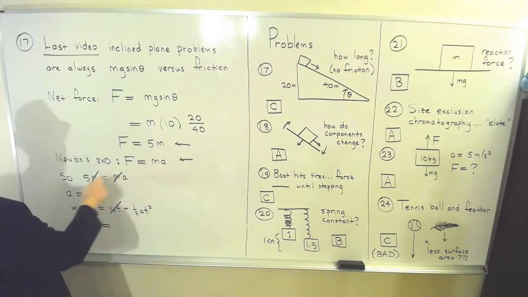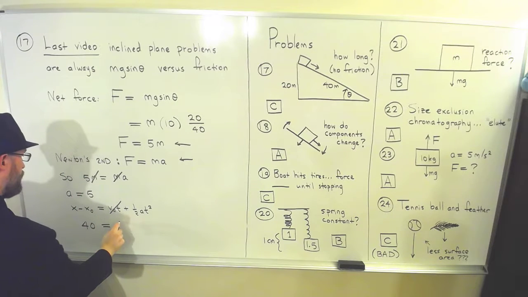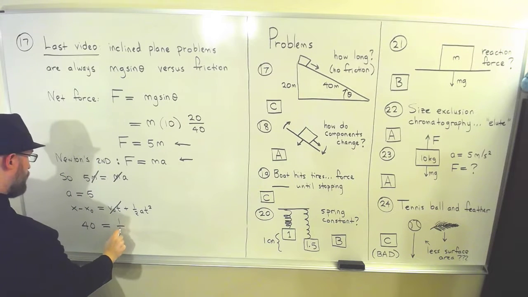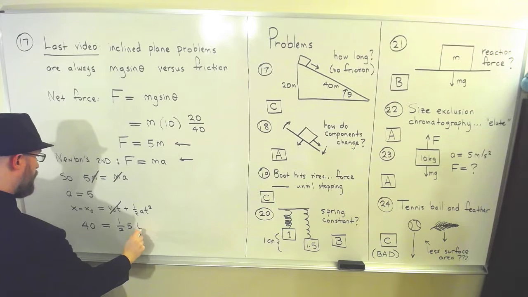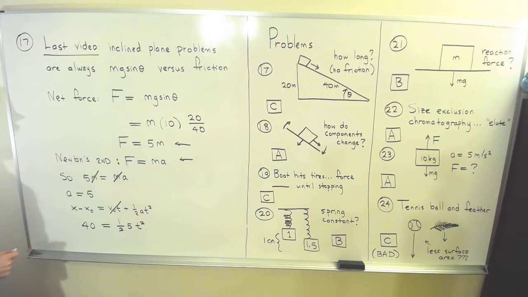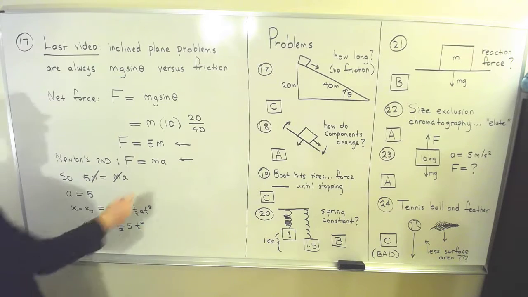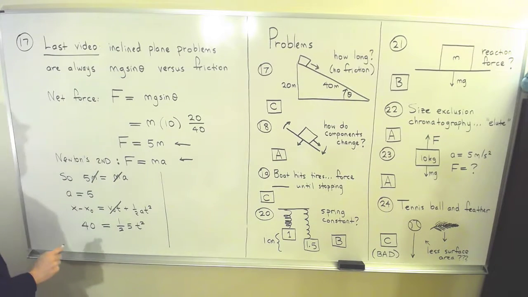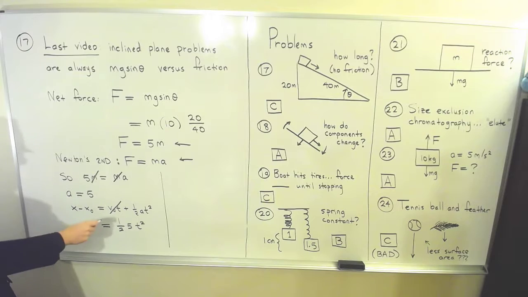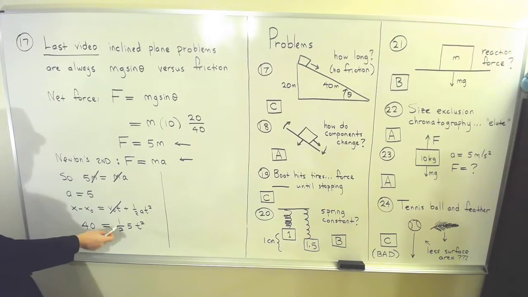now the a, I just found the a is 5. So this is 1/2 times 5 times t squared. And so then I could multiply both sides by 2 and divide both sides by 5.